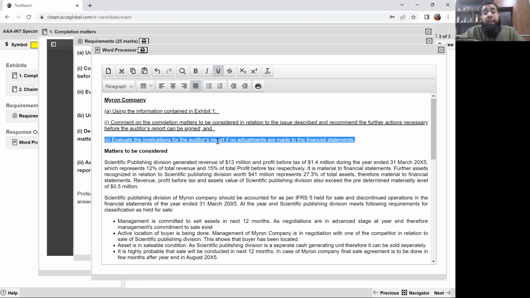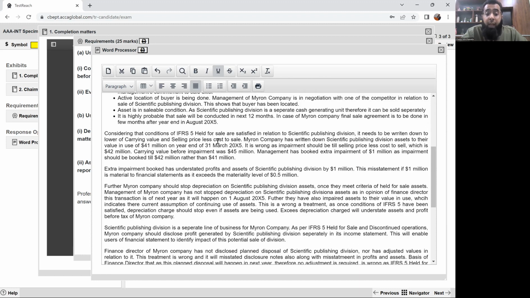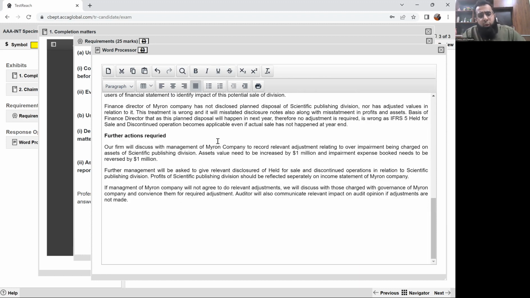If I miss it, then it will give a wrong impression on the examiner. So I will skip one action and then I will move towards implications for auditor's report. Even if you miss out a few actions, then for implications for auditor report also, you will get 1 mark for each of the implications. Okay.